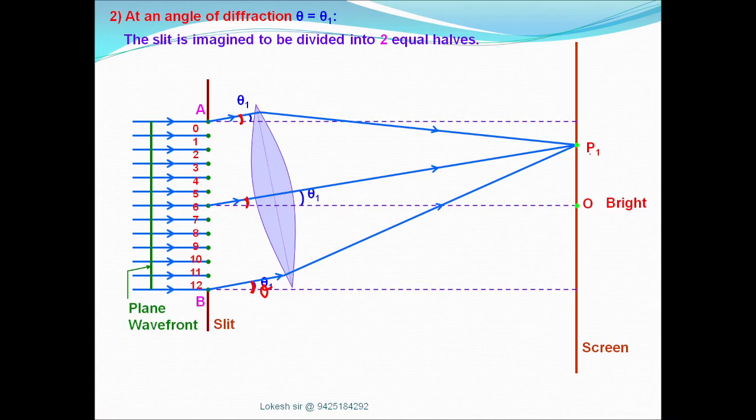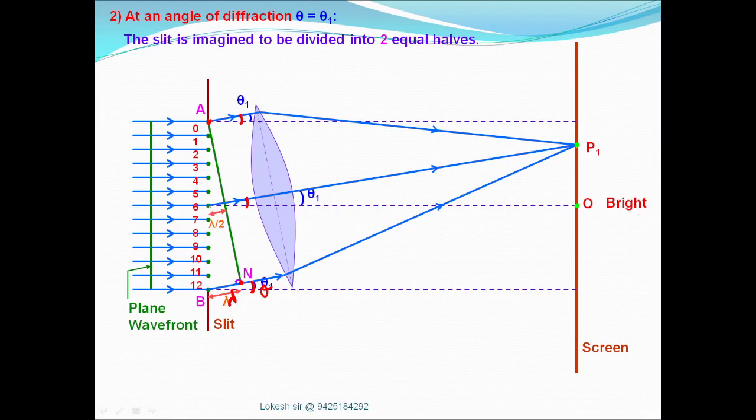How? Consider this is the total path difference from point A to point B equals lambda. Point A to point B, path difference equals lambda. The total path difference here is given as lambda.